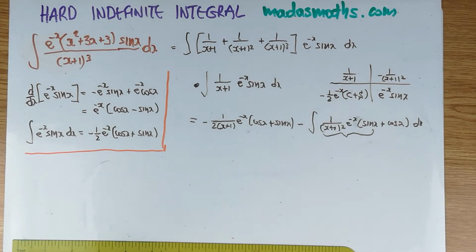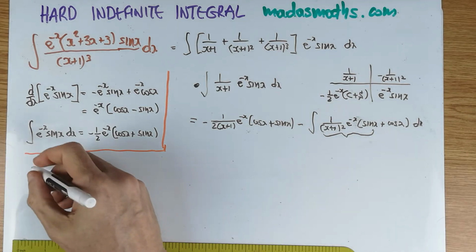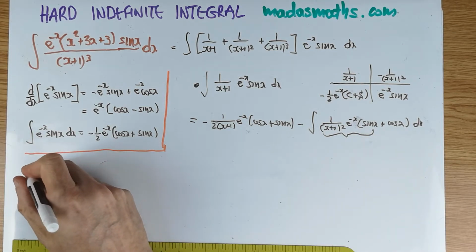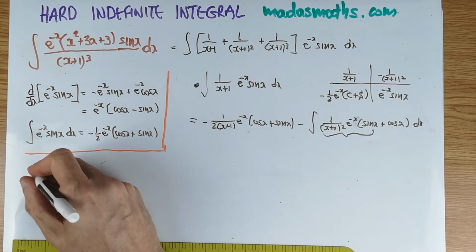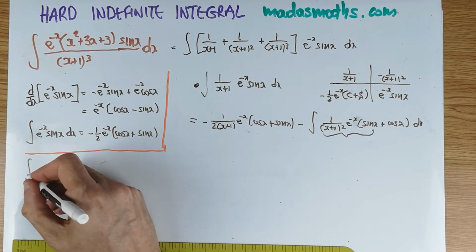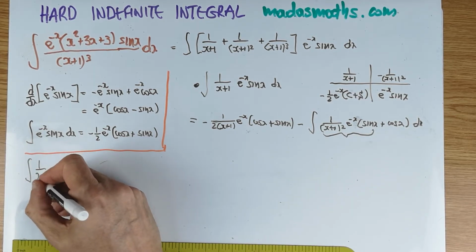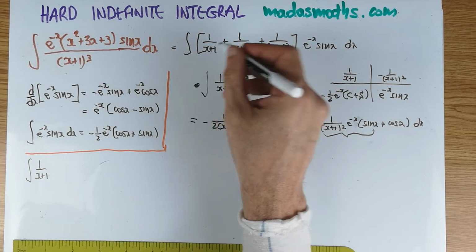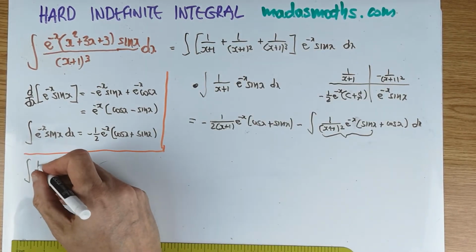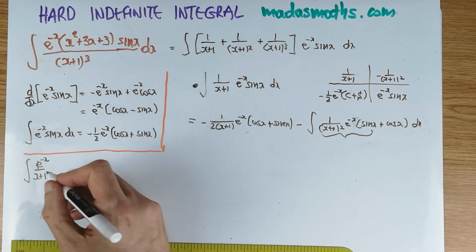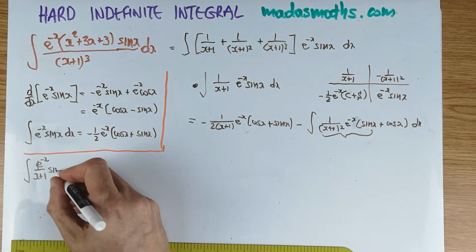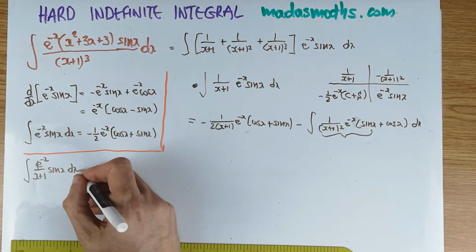Do I do anything else with this? I guess I could expand it, but for the time being, let's leave it as it is. So I'm going to write it. I hope I don't run out of space. This is just a long integral. And I said, you know what? This times that. Let's put the e to the minus x on the top up there, sine x dx.